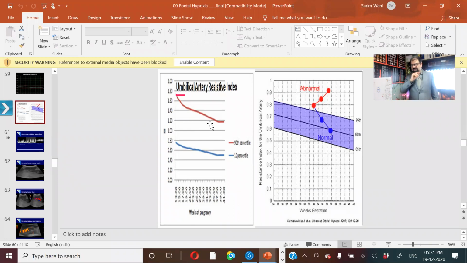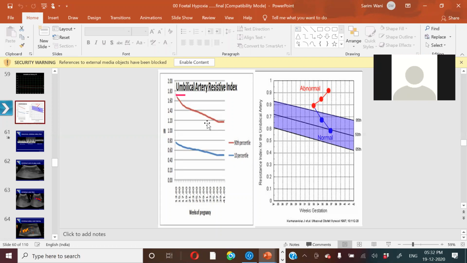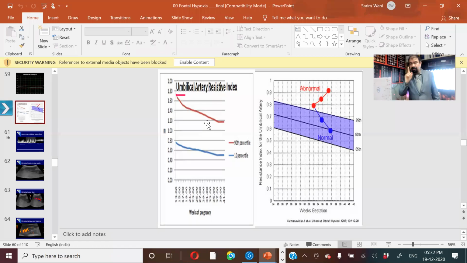Now, to say whether 1.1 is normal or abnormal, what do I have to see? I have to see for the redistribution of flows. If with umbilical artery resistive index of 1.1 there is a brain sparing effect, it means that this is not normal for this fetus but abnormal, because I am seeing the redistribution of flow.